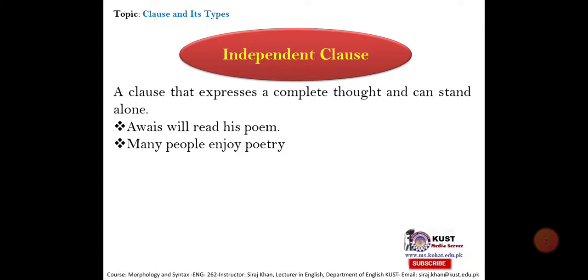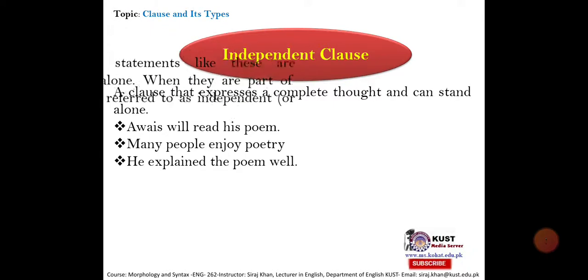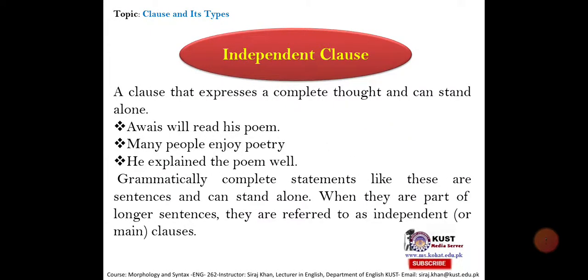Many people enjoy poetry. He explained the poem well. Now, grammatically complete statements like these are sentences and can stand alone. When they are part of longer sentences, they are referred to as independent or main clauses.